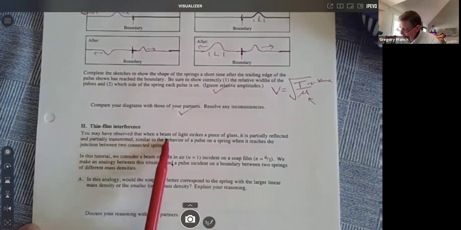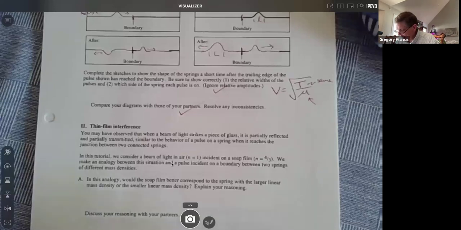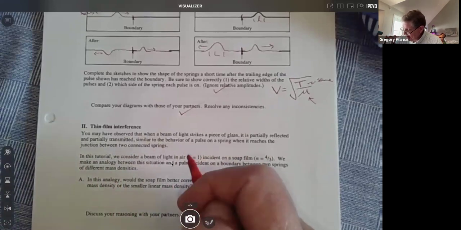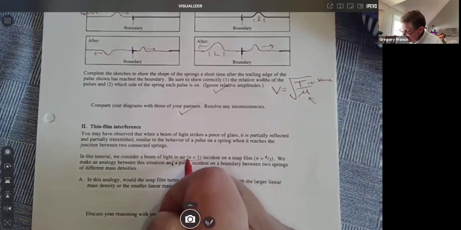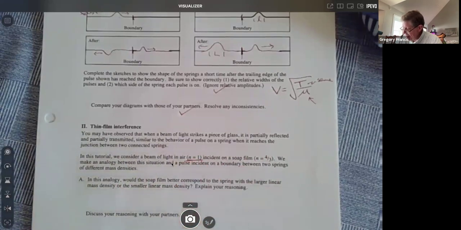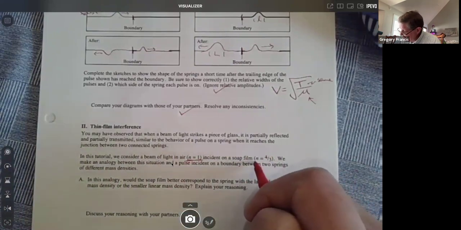You may have observed that when a beam of light strikes a piece of glass, it is partially reflected back and partially transmitted into the glass, similar to the behavior of a pulse on a spring when it reaches the junction between two connected springs. In this tutorial, we consider a beam of light in air, where the light travels fast, incident on a soap film, where the light travels slower.